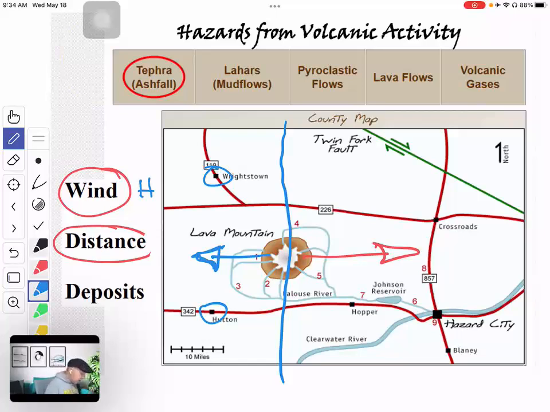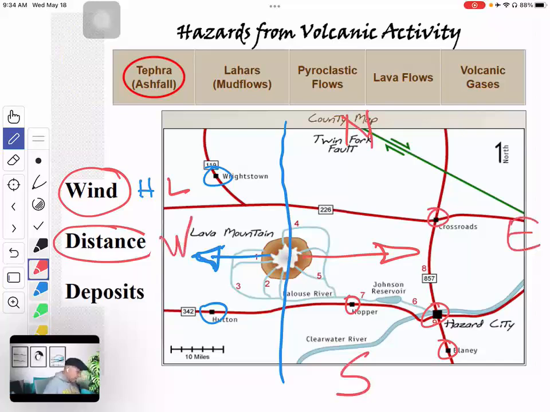The assessment for Wrightstown and Hutton will be high, but the assessment for Crossroads, Hazard City, Blaney, and Hopper would be low, because they are upwind. So the wind is going to blow the ash to the west. So here's north, south, east, west. Okay, so just the wind, we have the assessment for the different communities as high or low.